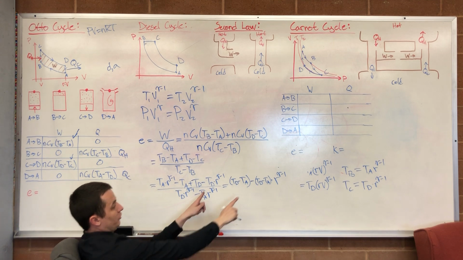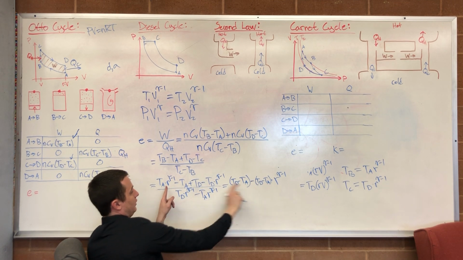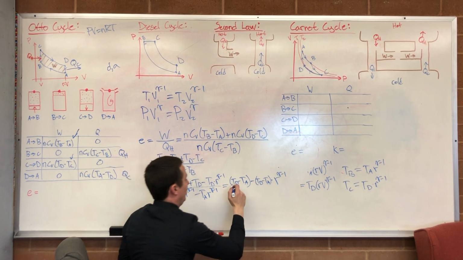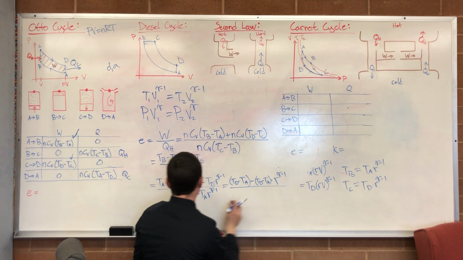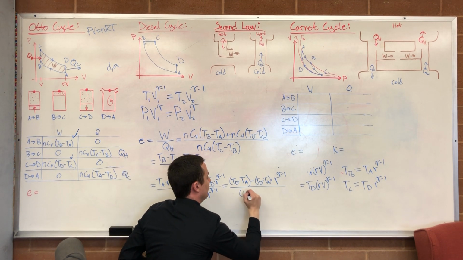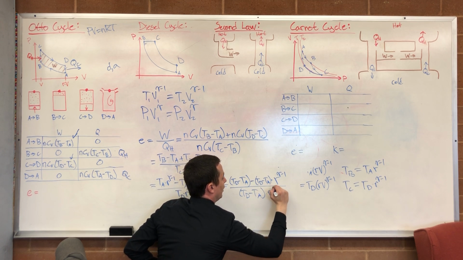So we still have negative TD, we still have positive TA times r to the gamma minus 1. All over, I'm going to factor a TD minus TA out of this. So we get TD minus TA times r to the gamma minus 1.